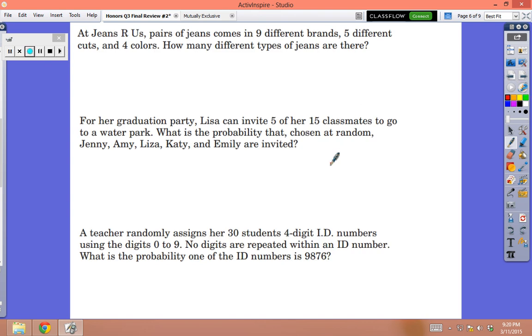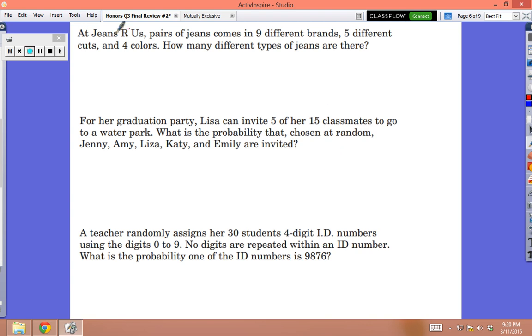All right, now we get into probability. So this first one is an example of the fundamental counting principle, which is super important in probability because it's used in everything. Permutations, combinations, all sorts of stuff. So, how many different types of jeans are there?